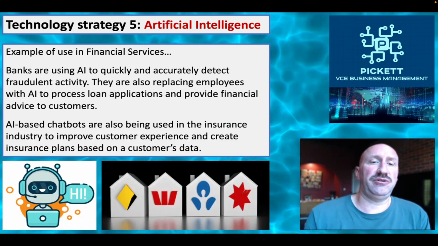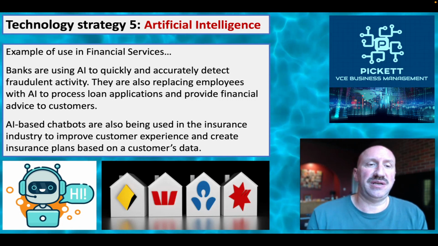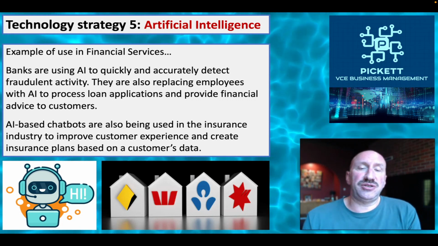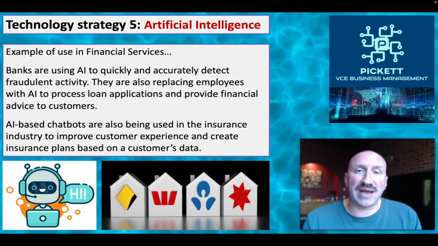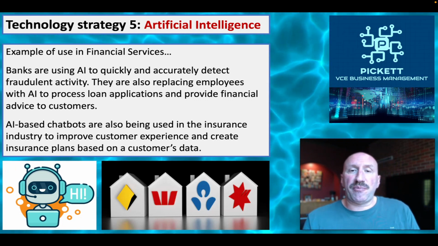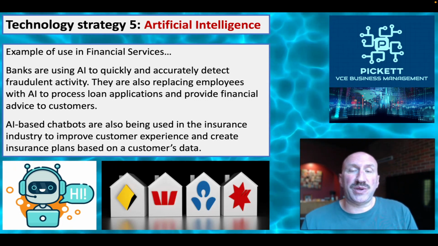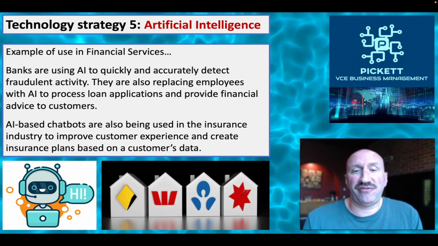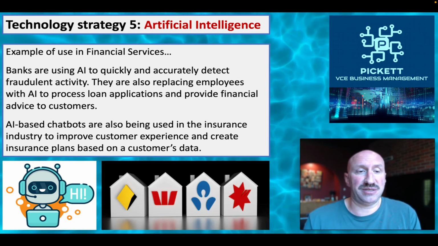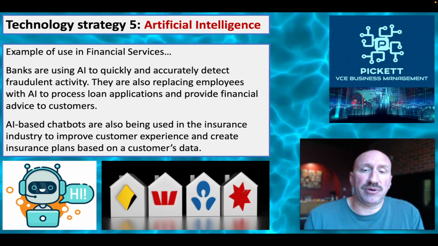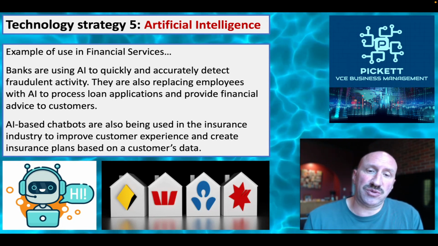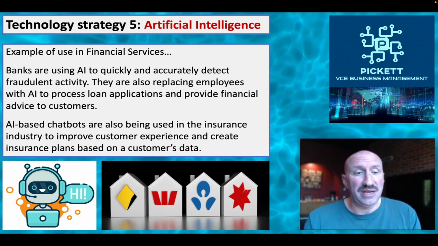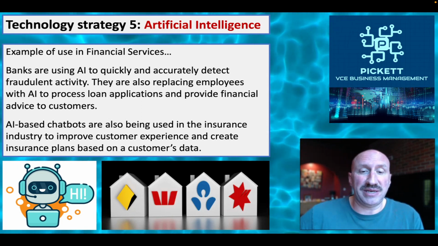Just an example of a use in financial services, banks are now using AI to quickly and accurately detect fraudulent activity on accounts. They're replacing employees with AI to process loan applications online and even provide financial advice to customers. AI-based chatbots are being used in the insurance industry to improve customers' experience and even create insurance plans based on a customer's data.